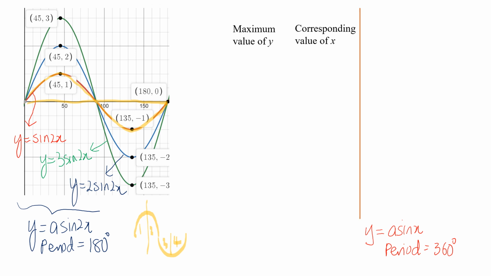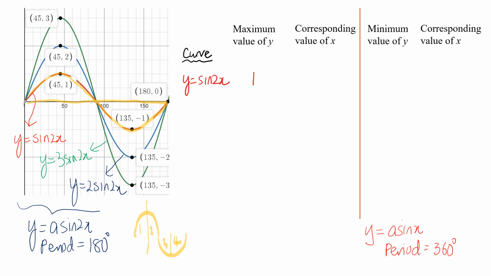Let's look at the maximum value of y now for the different curves. For y equals sine 2x, the maximum value of y happens at 1. However, the corresponding value of x is no longer 90 degrees. It's actually at 45. How do we get 45?